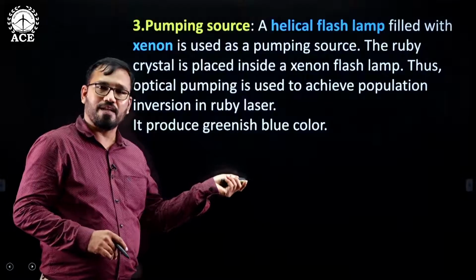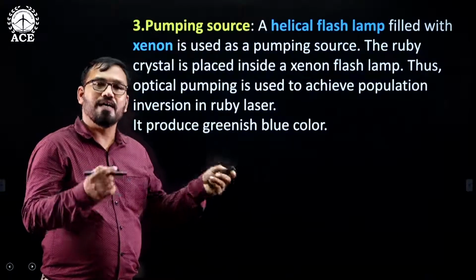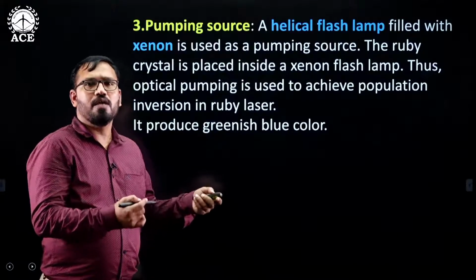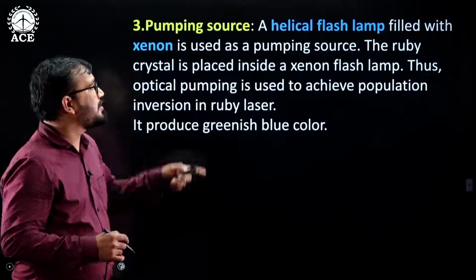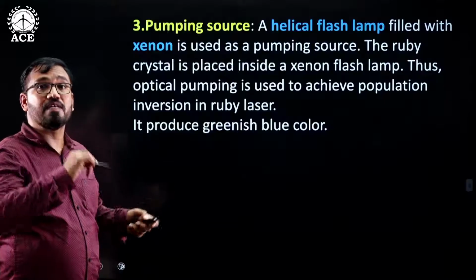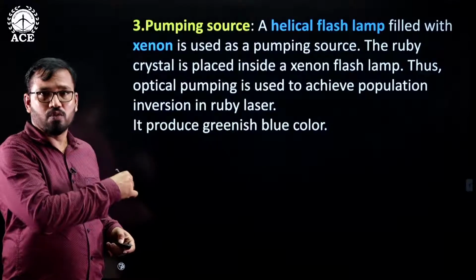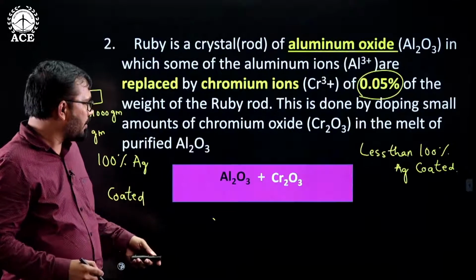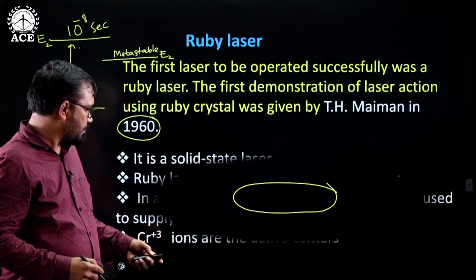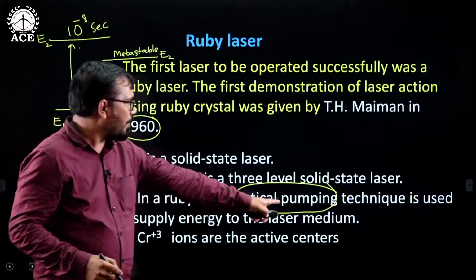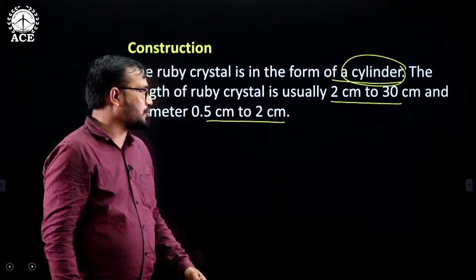We need some external light energy to excite the atoms from the lower energy level to the higher energy level, meaning we have to get population inversion. Which kind of technique was used? The optical pumping mechanism technique.